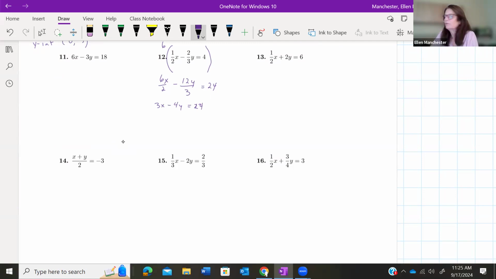And then you're just solving for y. So I'm going to get rid of the 3x, move it over. Then I'm going to divide everything through by -4. So I get y equals 24 divided by -4 is -6. -3 divided by -4 is a positive 3/4 x.